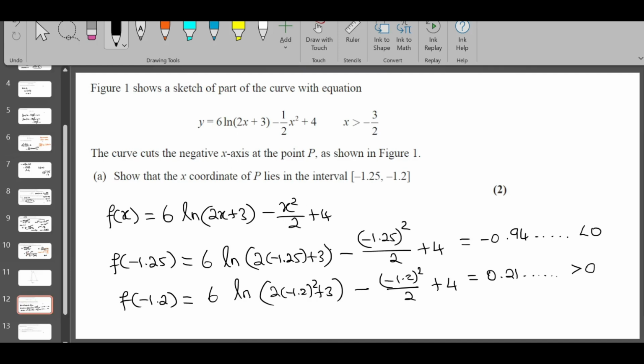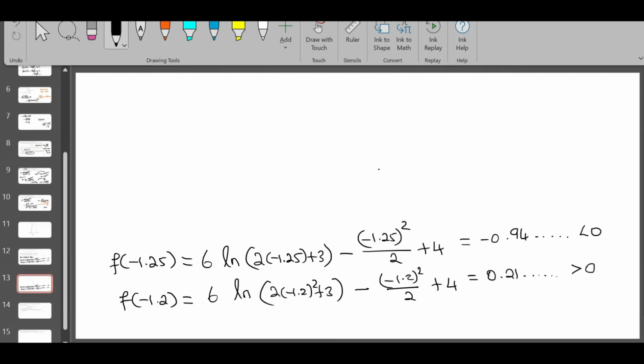So now we need to write the conclusion. Okay, so how do we write the conclusion?